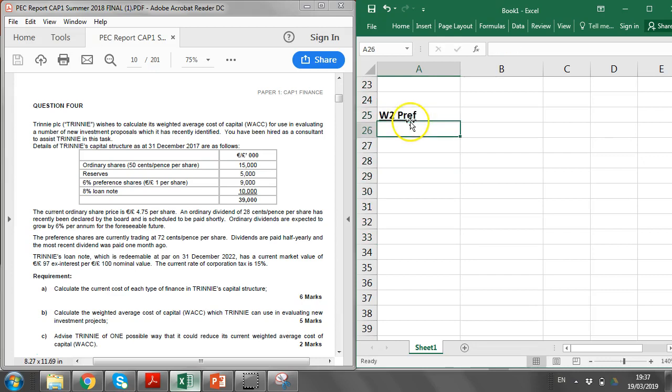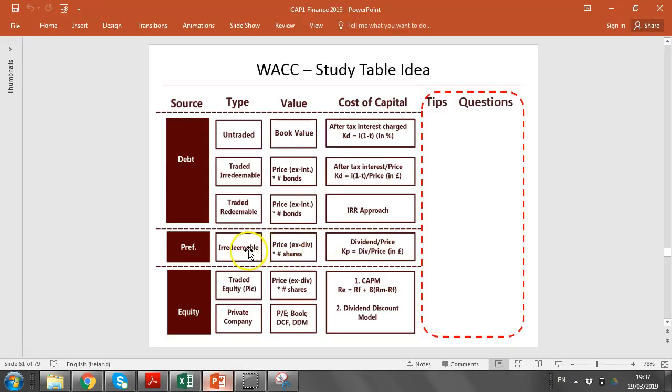So again, go back to your table. How do we get the preference dividend cost? Preference dividend, price X div times the number of shares. That's fine. And to get the cost of the pref, you put the dividend over the price. You do not multiply by 1 minus t, because preference dividends are not tax deductible.